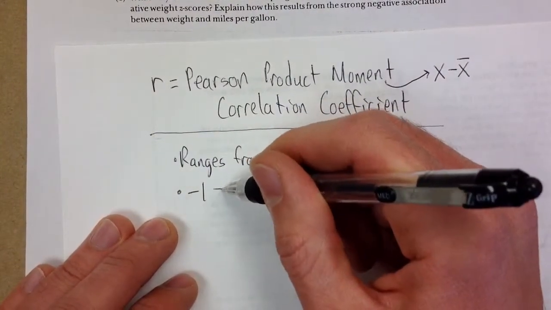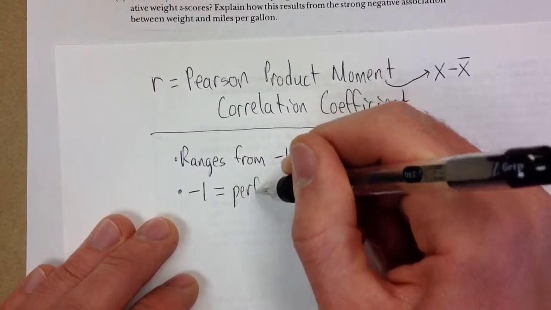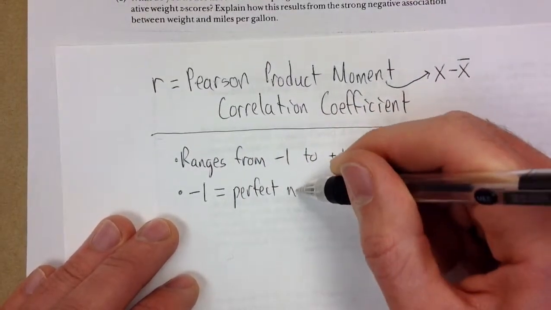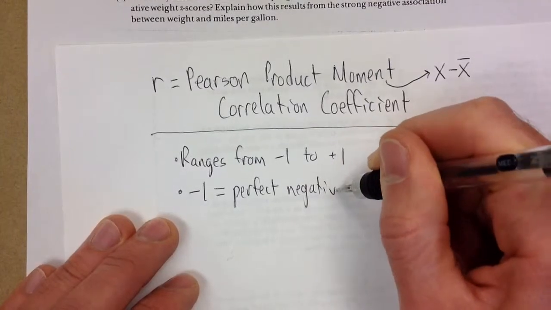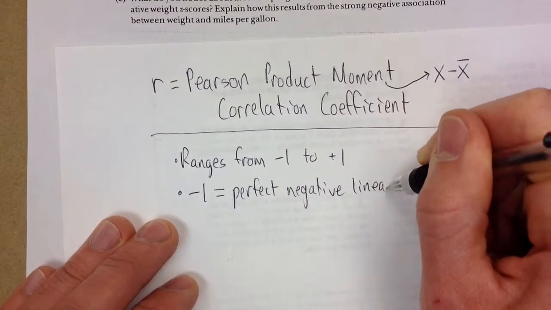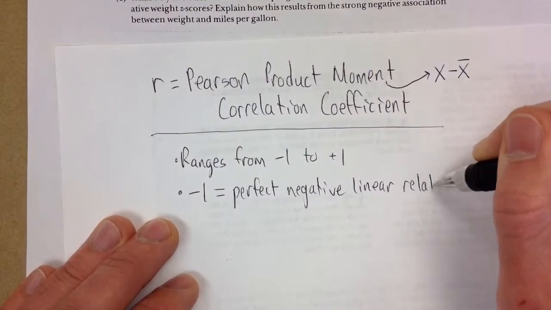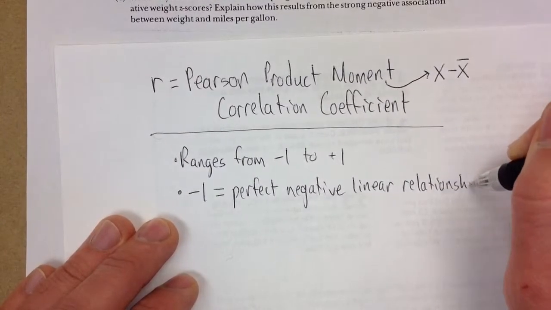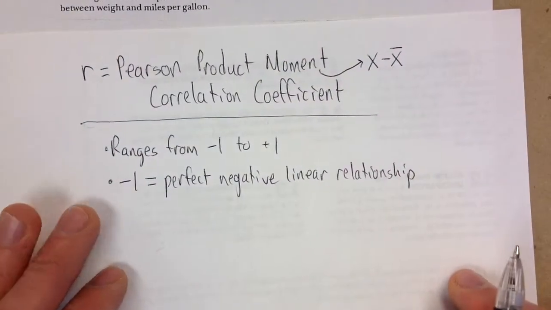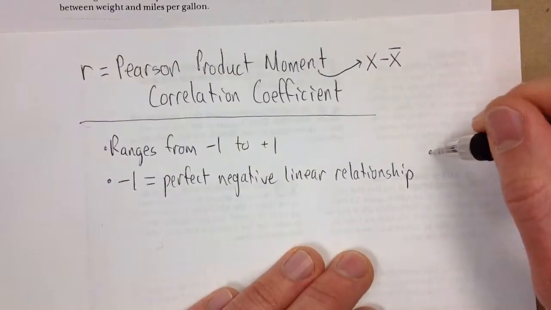-1 means perfect negative linear relationship. In other words, if you were to look at the scatter plot, the dots would form a perfect line.